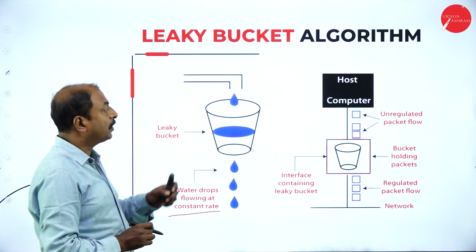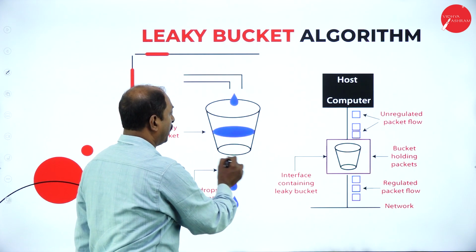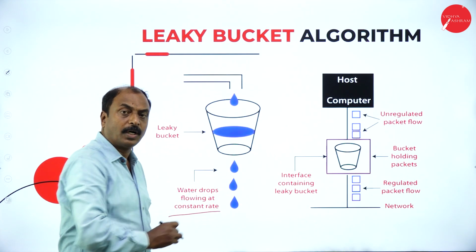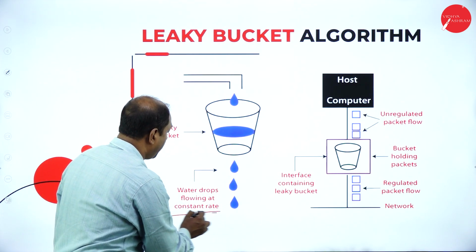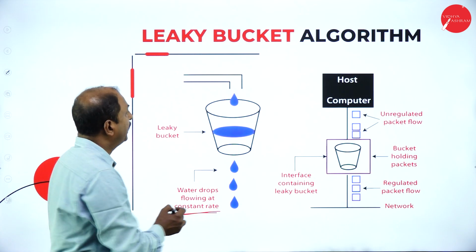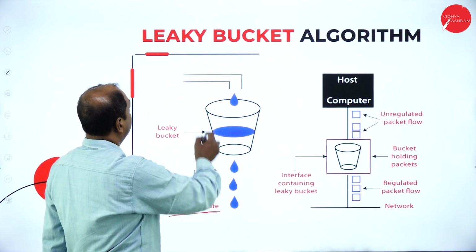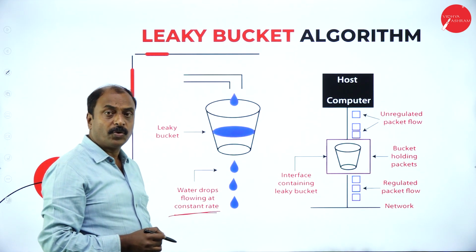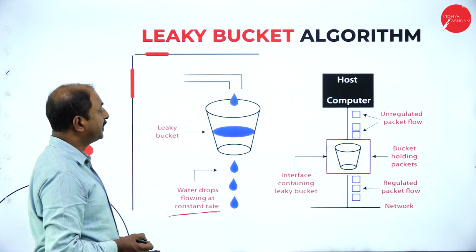This is the concept of the leaky bucket. This is a bucket with a small hole, and water is constantly flowing out of the bucket through the hole at a constant speed or constant rate. But the incoming water to this bucket is not fixed; it may flow in at different speeds. That is the meaning of the sentence here.